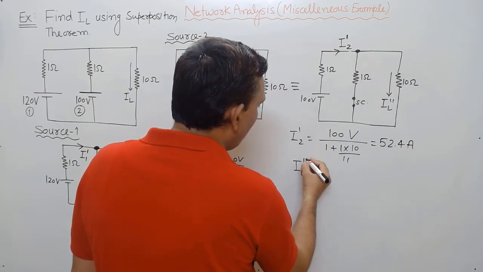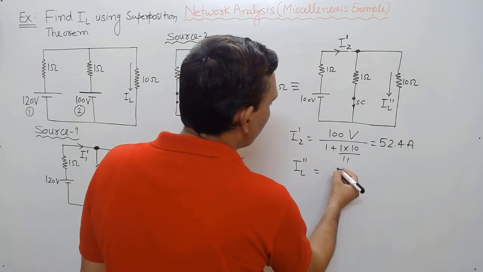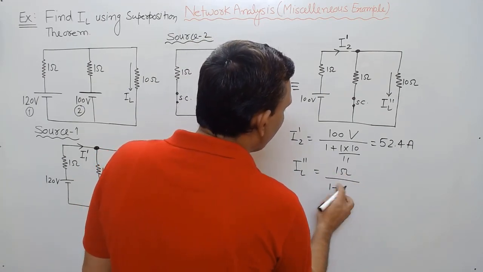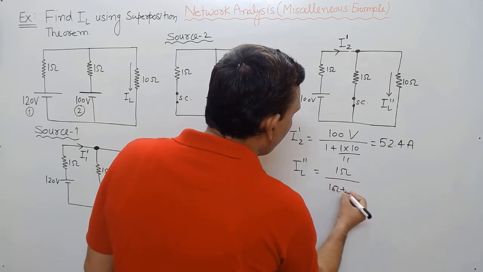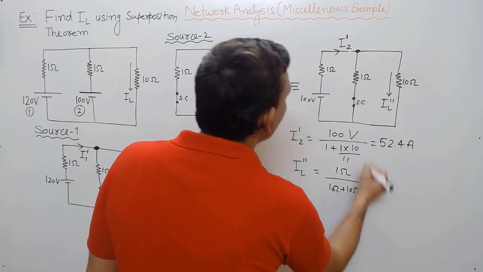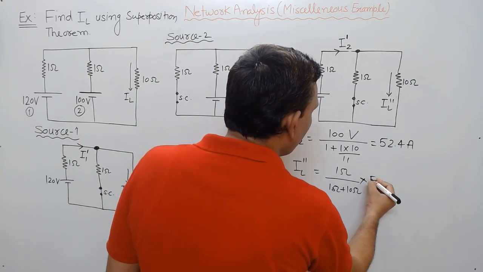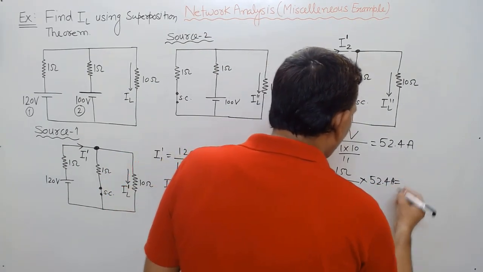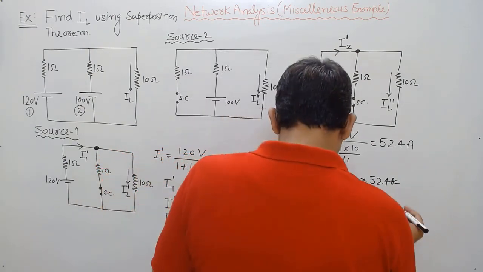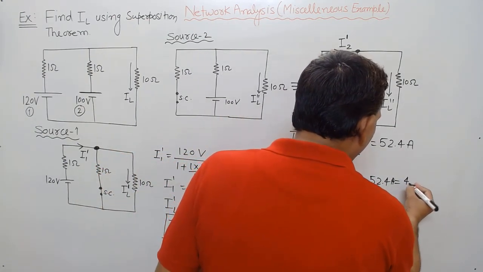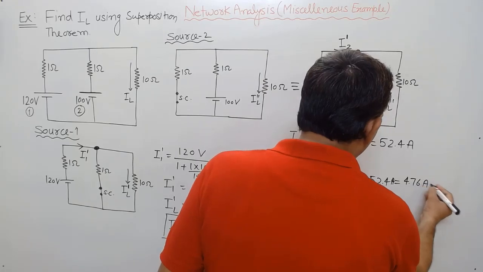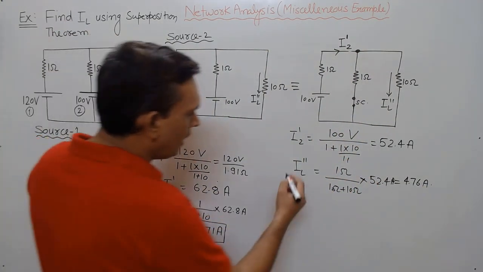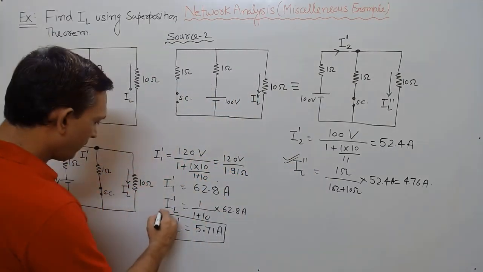So you will get IL double dash is 1 ohm divided by 1 ohm plus 10 ohm into I2 dash, which is 52.4 amperes. So IL double dash is 4.76 ampere. So you know IL dash and IL double dash.